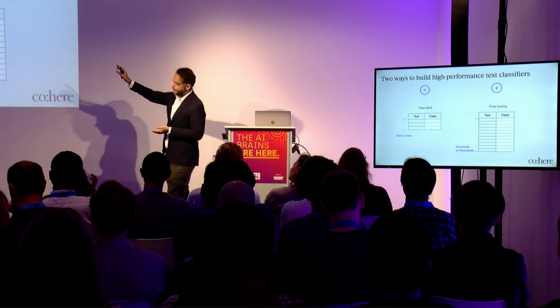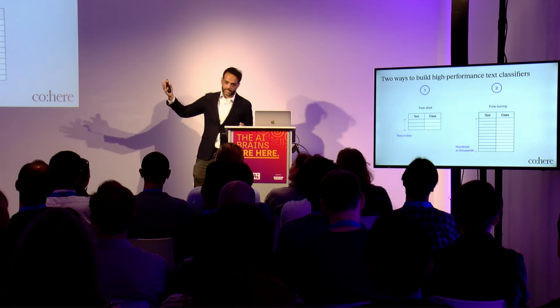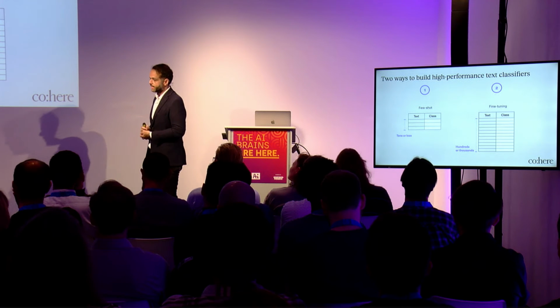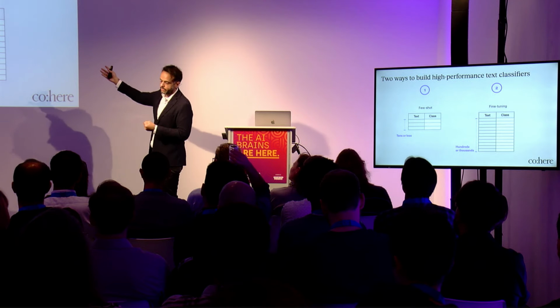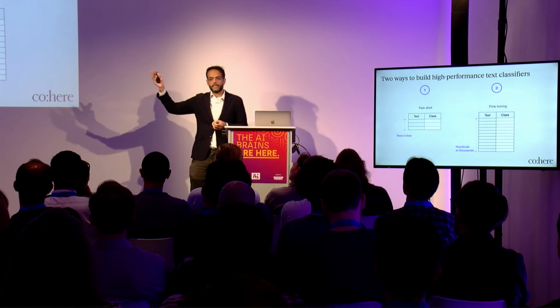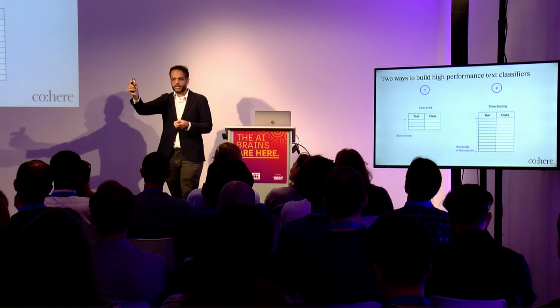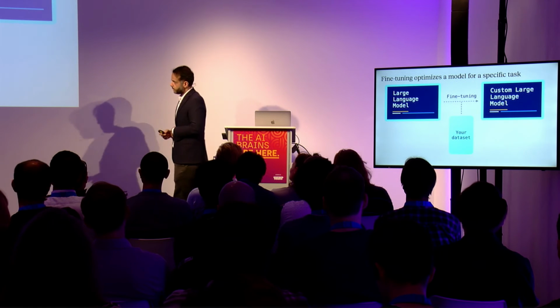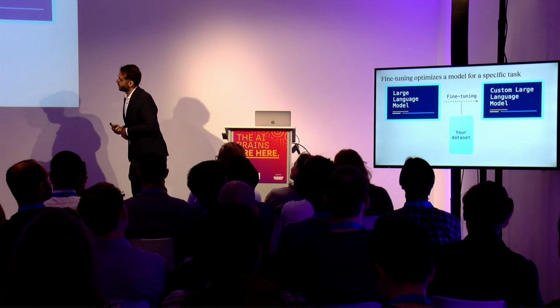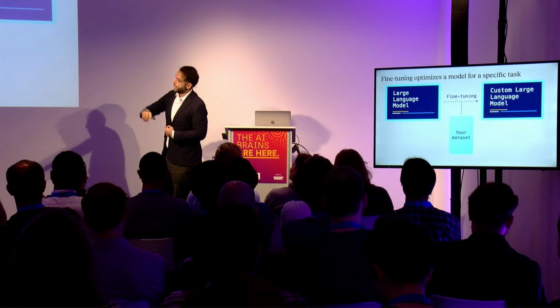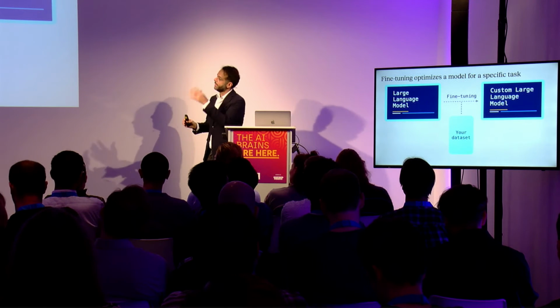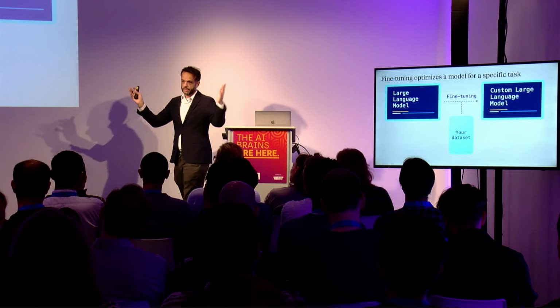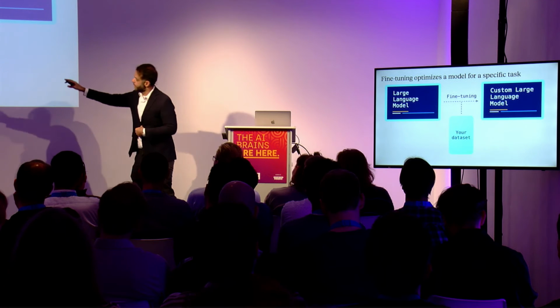But then to get the absolute best classifier that you can get by today's technology, usually you have to go through this process called fine-tuning, which is just continuing to train the large language model a little bit more for your data set. This is what fine-tuning does. We get the stock pre-trained large language model trained on the internet scale data, and then you have your own data set.